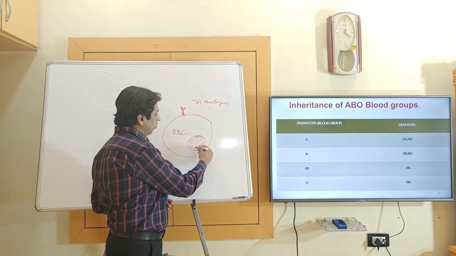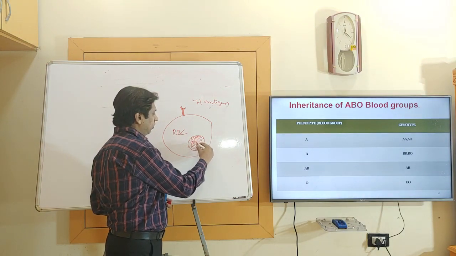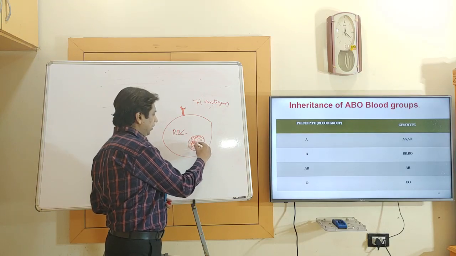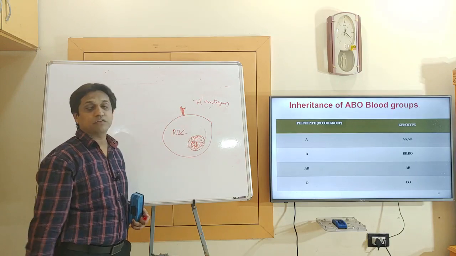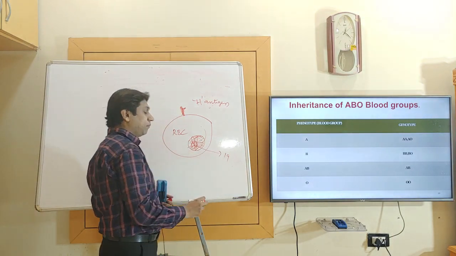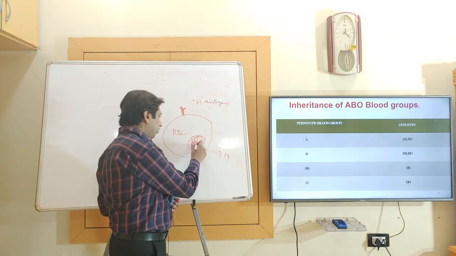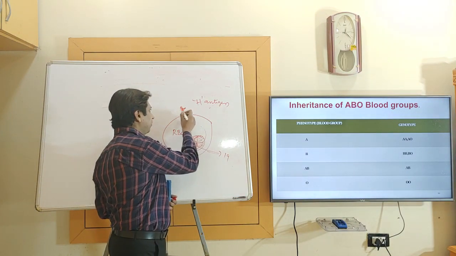In the nucleus there are chromosomes, and these chromosomes lead to the formation of enzymes that produce this H substance. Especially chromosome number 19: the genes or locus on chromosome 19 determine the formation of this H antigen.